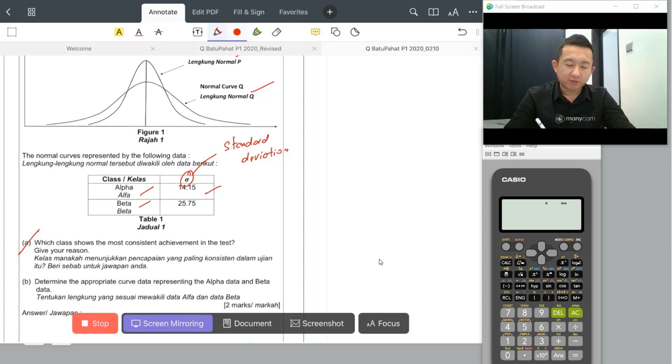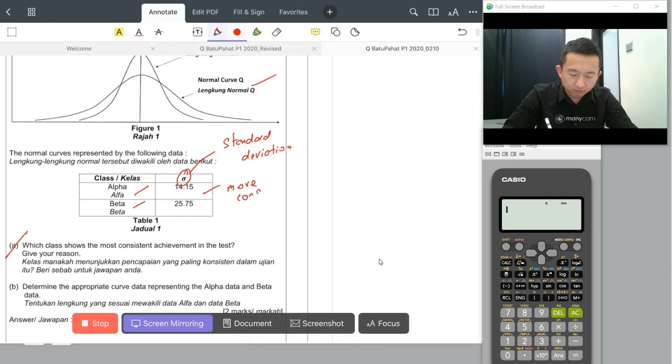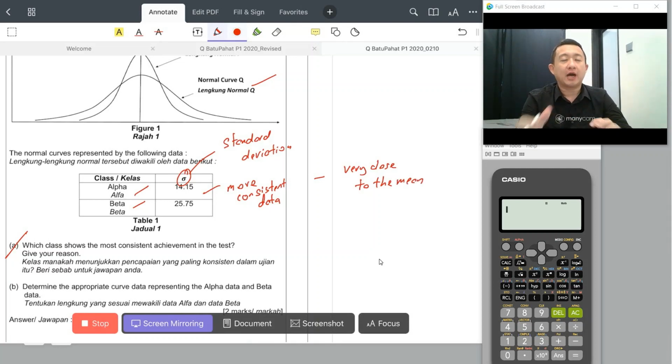So that would mean it will provide more consistent data. For alpha, the standard deviation is 14.15. A smaller standard deviation provides more consistent data, because the distribution of the marks is very close to the means. We do not have a lot of extreme values, as all are very close to the means.